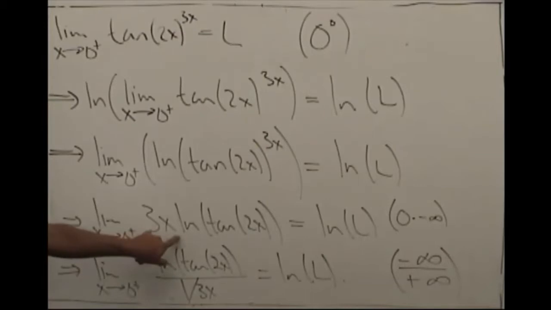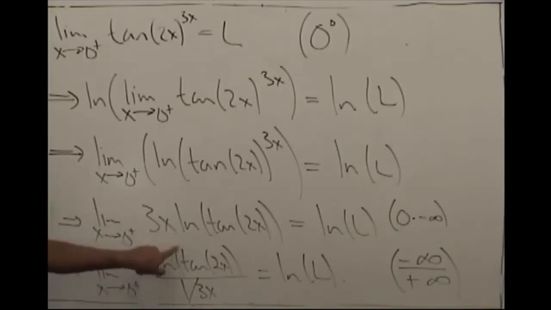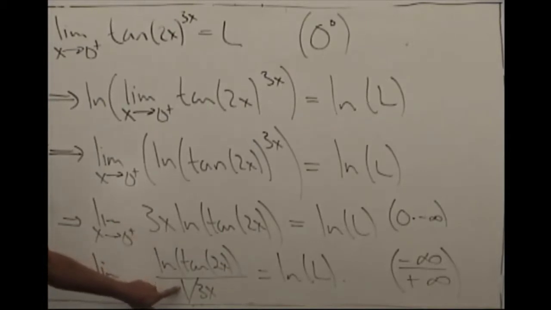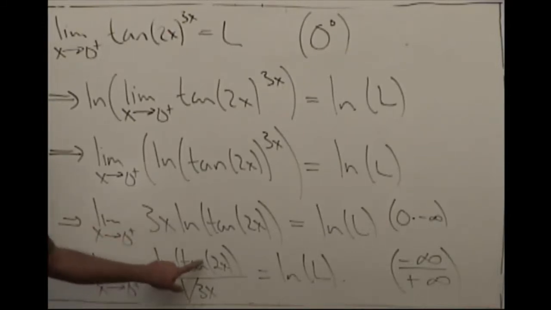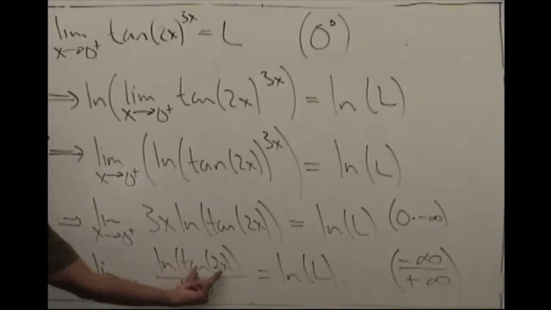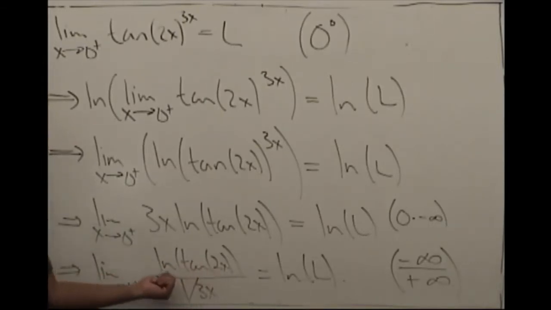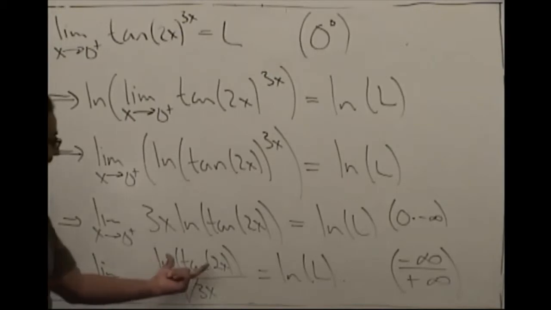But now that means I should take one of the factors and write it in the denominator. So flip it and write it in the denominator. To multiply by 3x is the same thing as to divide by 1 over 3x. And so these two limits now say the same thing. And now if you look at as x goes to 0, tangent of 0 is 0, and natural log goes to negative infinity.